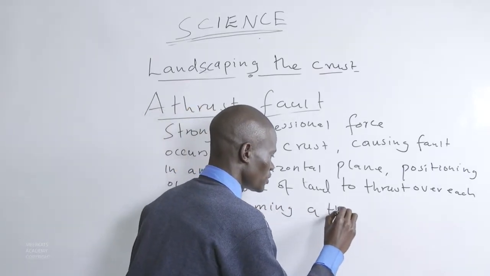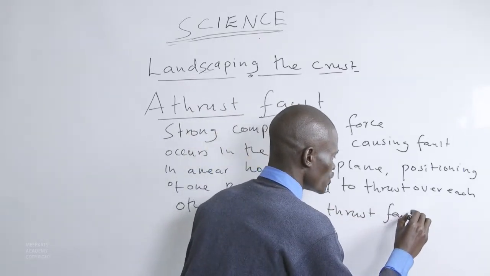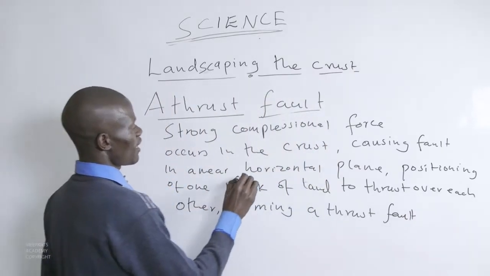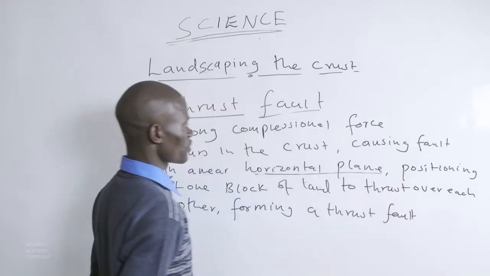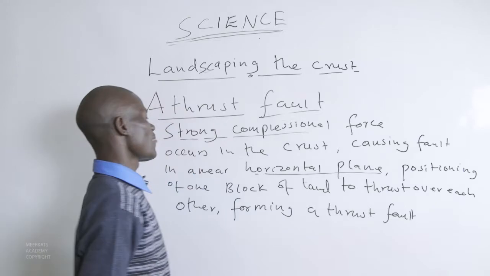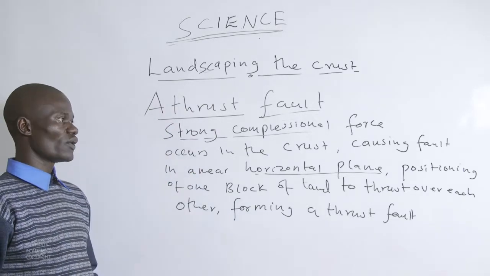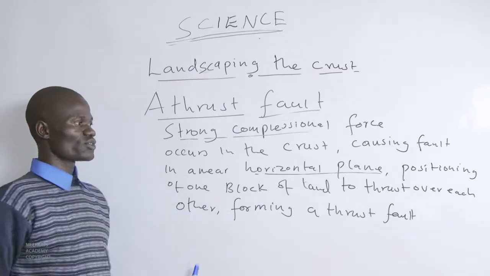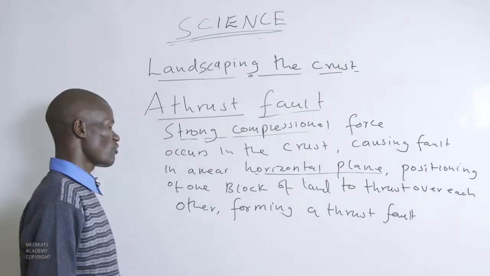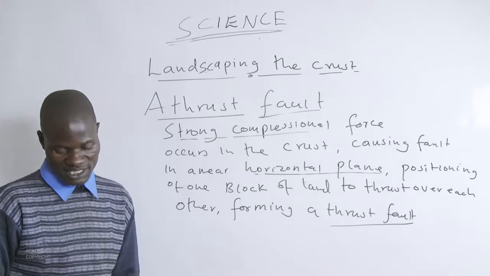Therefore, a thrust fault results when the crustal rocks are subjected to compressional forces within the earth's crust, causing a fault in a near horizontal plane that positions one block of land to thrust over the other, forming what you call a thrust fault.